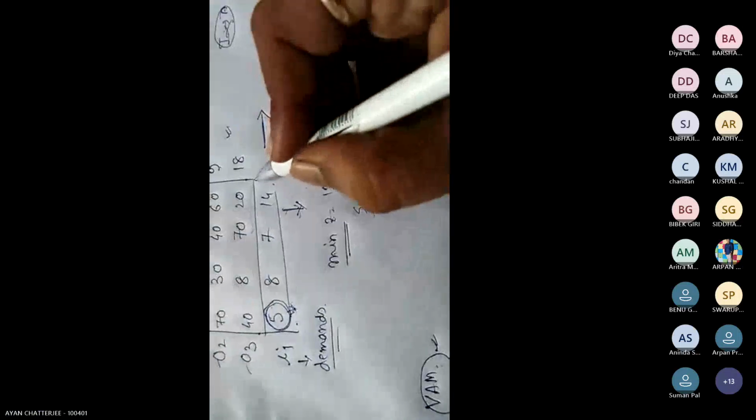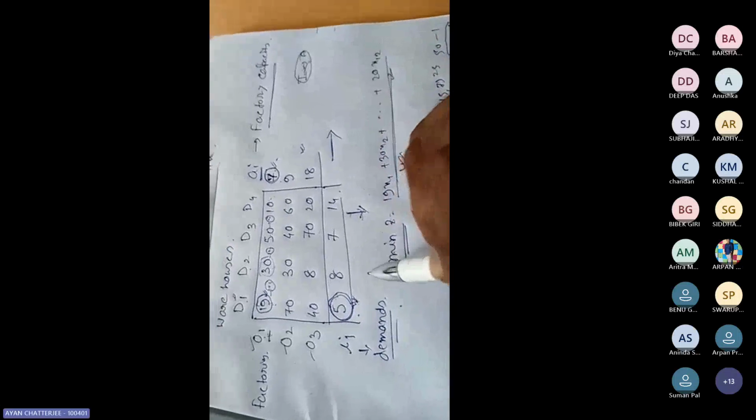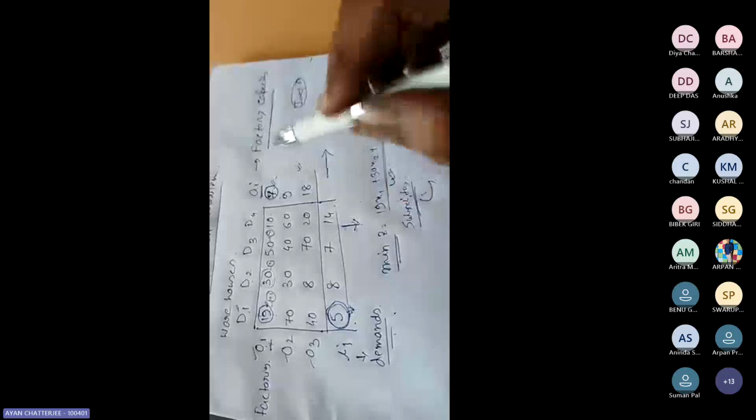So what I'm going to do is take one picture of that and send it over there. Okay, but before solving this problem, you have to check the problem this way. Look, here I told you this is the factory capacity, and this is the demand. So we have to check that demand and factory capacity are the same or not.